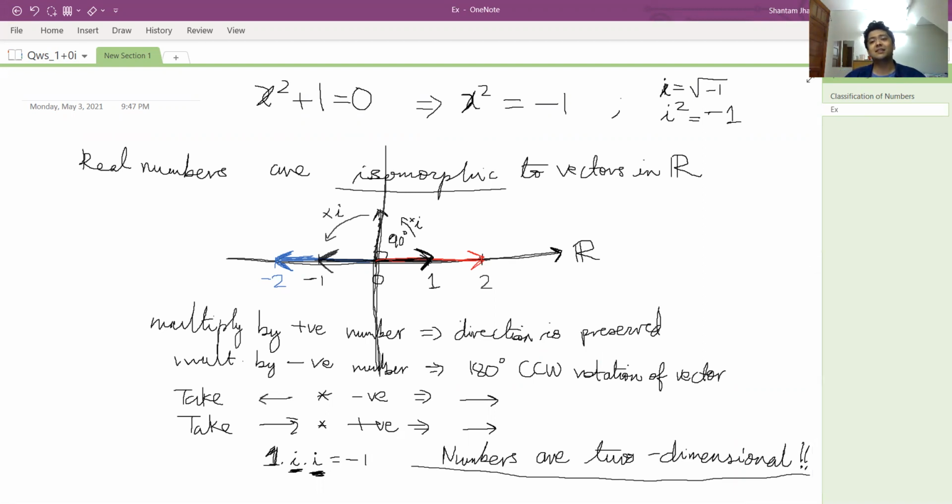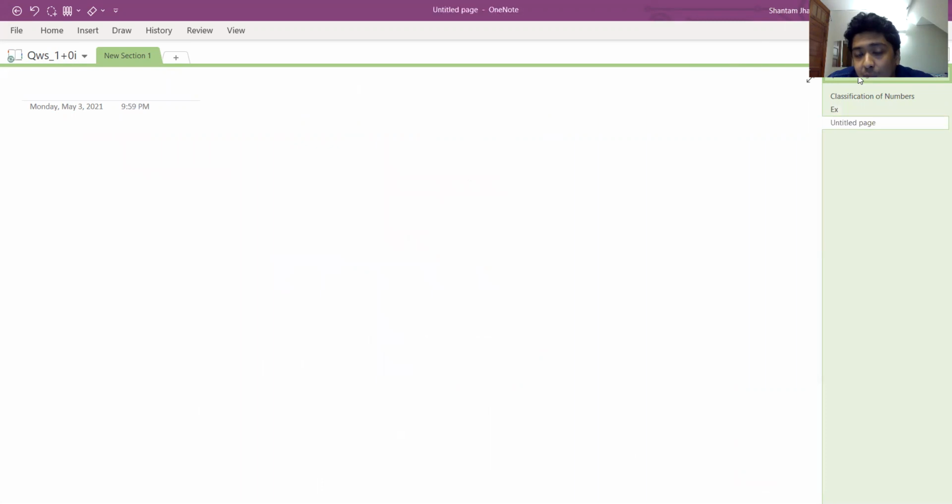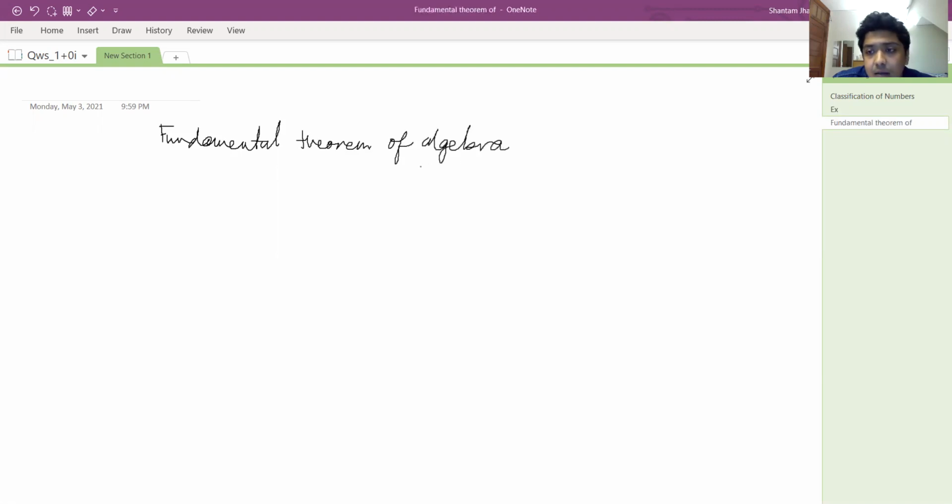And this is a crazy, revolutionary understanding in mathematics, and that's why there's also a theorem associated with it, the so-called fundamental theorem of algebra. So let's see what that says. The fundamental theorem of algebra says that the set of complex numbers, actually, I'm going to use a word which I haven't defined yet, but the people taking groups, rings and fields are going to enjoy this.